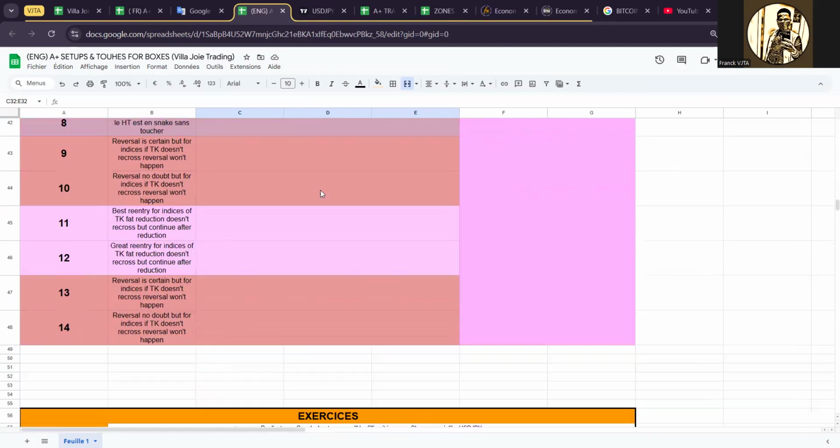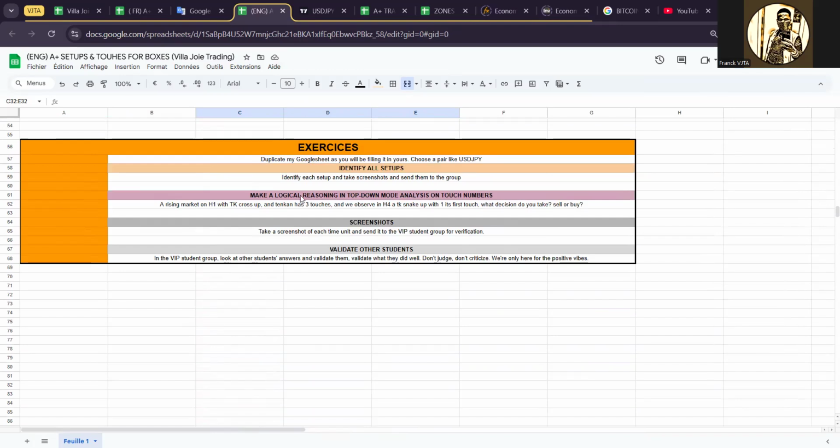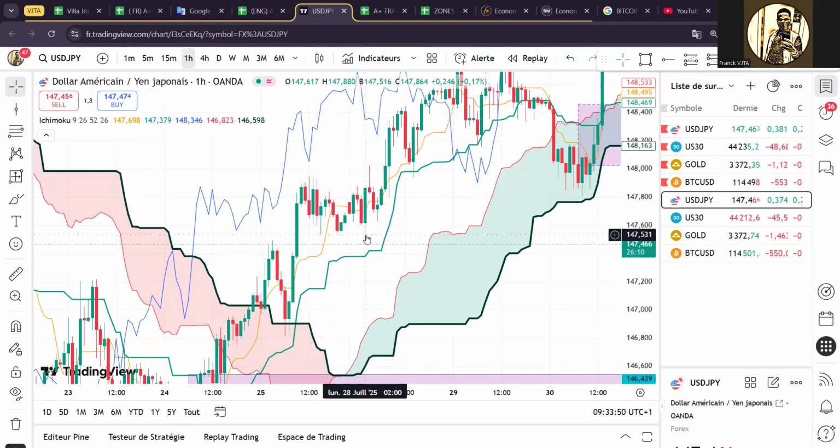Now, make a logical reasoning in top-down analysis with untouched numbers. I took this example. If I tell you we are in the 1 hour time frame, and the TK cross in 1 hour is going to the upside. We already have 3 touches and the TK cross has a sort of fat in 1 hour.